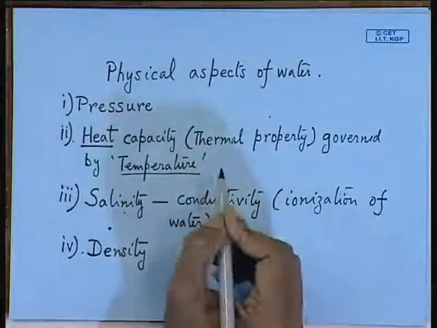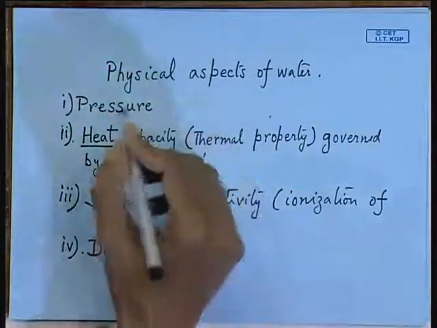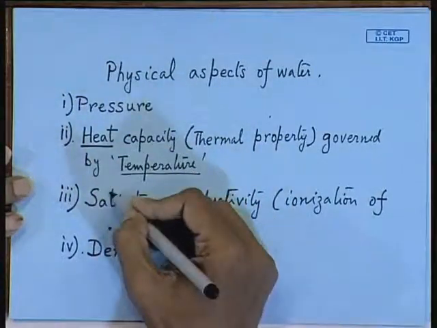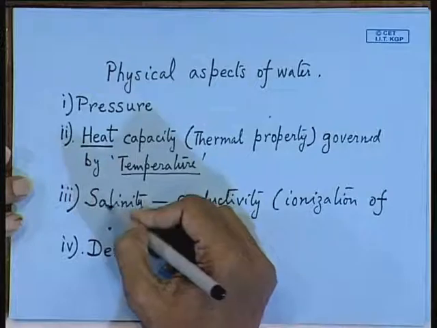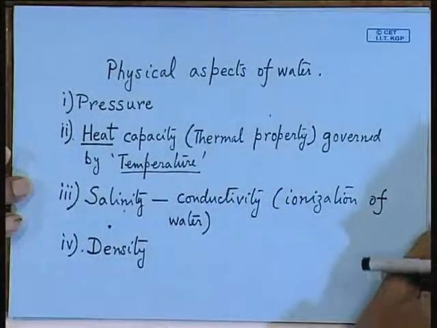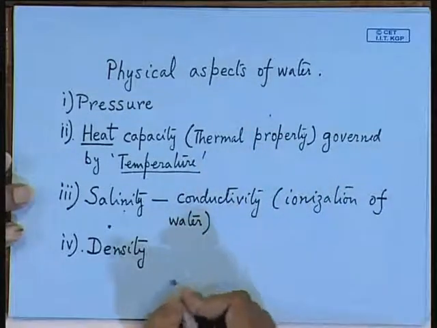So, all these, particularly 1 and 4, they affect, of course, salinity also influences density. These affect what is called ocean circulation, currents.